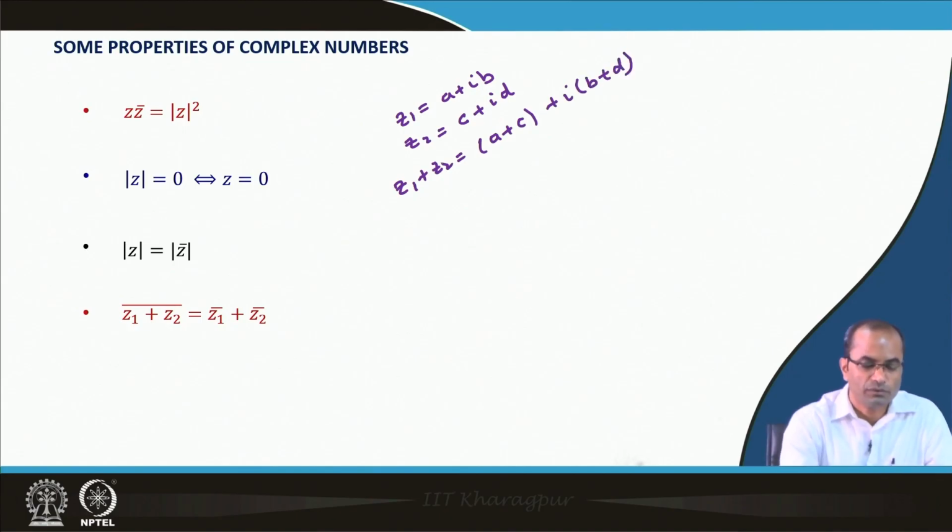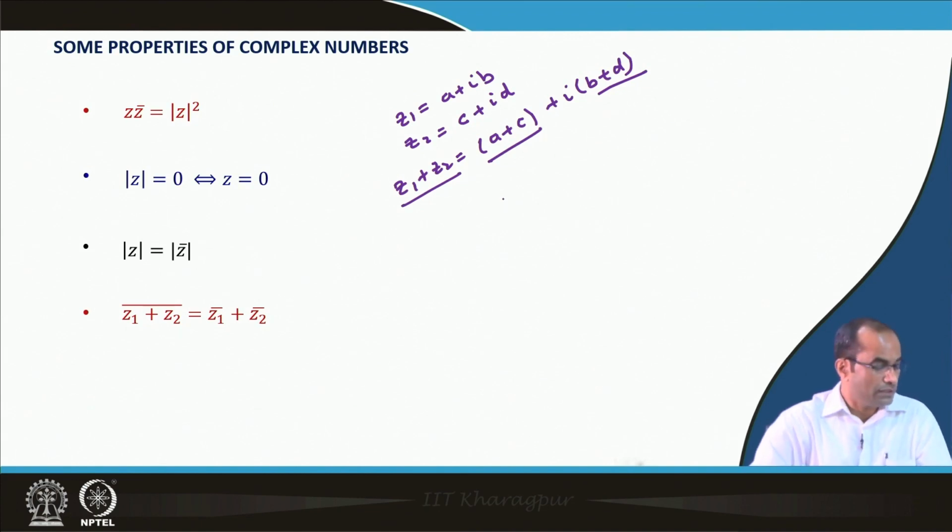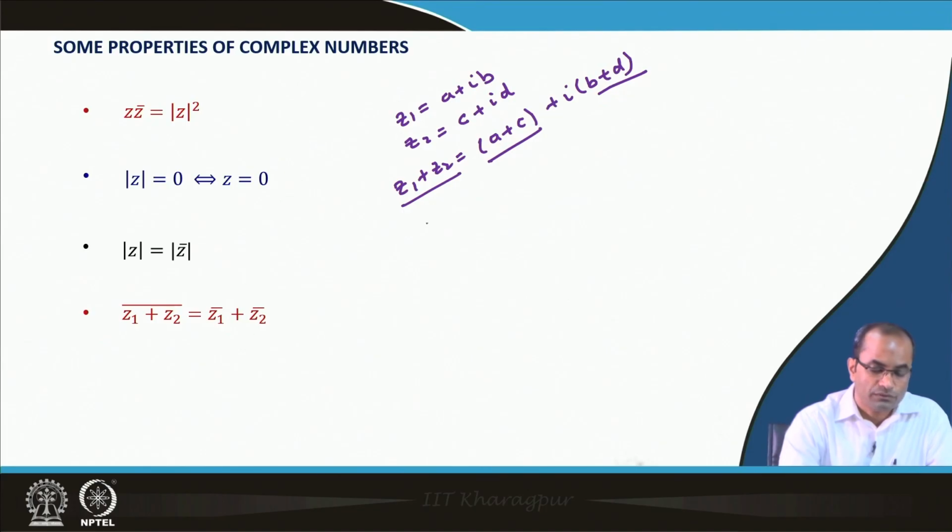Now we are talking about its arguments. We can take the absolute value here, which is the square root of this square plus this square, and similarly we can get the individual ones.